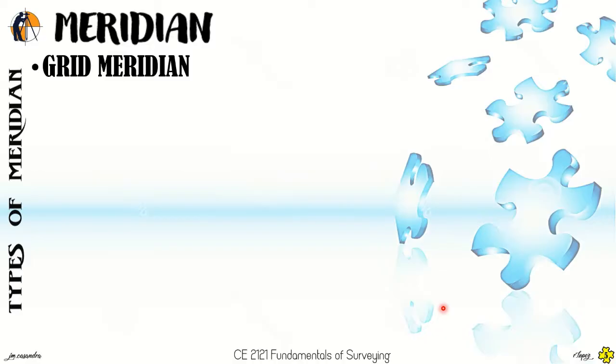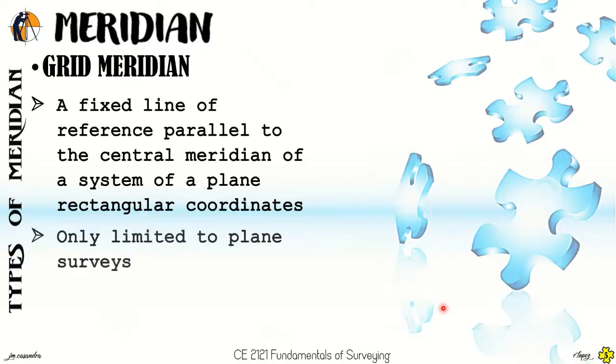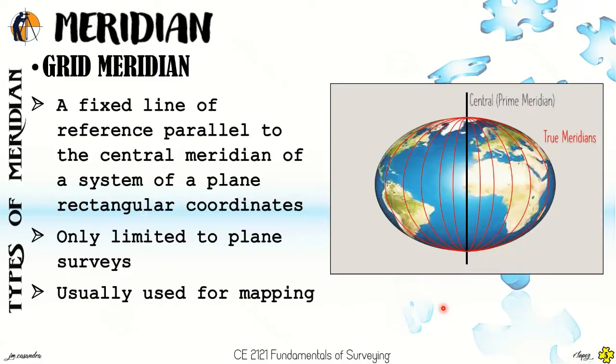Next we have the grid meridian, which is a fixed line of reference parallel to the central meridian of a system of plane rectangular coordinates. It is limited to plane surveys and is usually used for mapping. In comparison to our true meridians, we will now be using the true shape of the Earth, which is elliptical. So we have here your central meridian or the prime meridian.